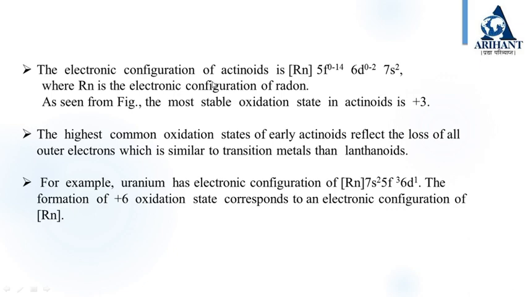The highest common oxidation state of early actinoids reflects the loss of all outer electrons, which is similar to transition metals rather than lanthanoids. For example, uranium has electronic configuration of Rn 7s2, 5f3, 6d1. The formation of the +6 oxidation state corresponds to an electronic configuration of radon.